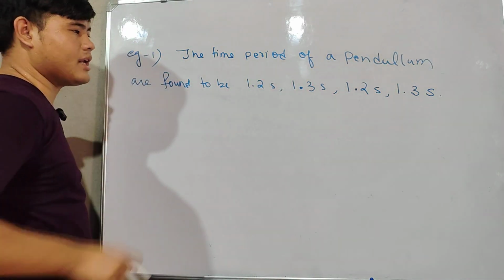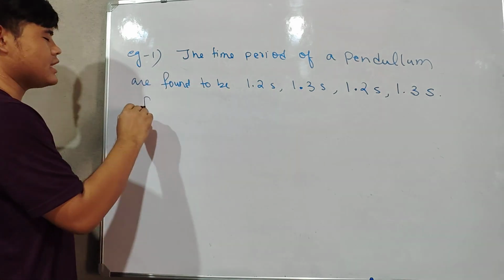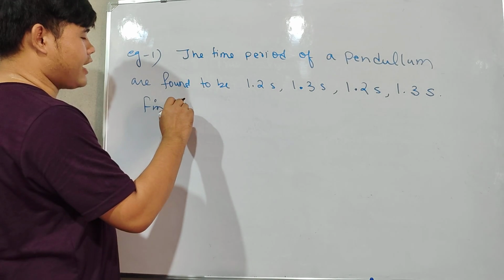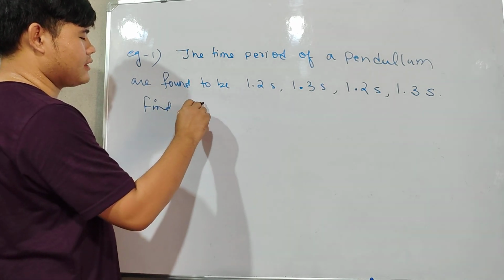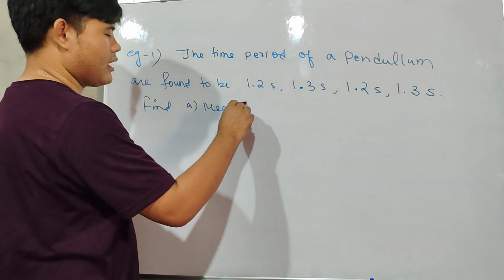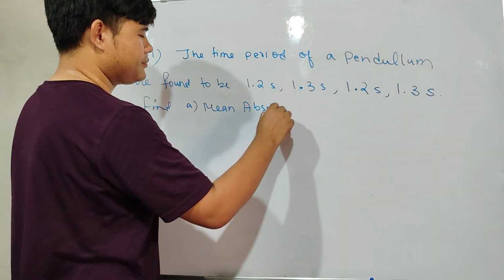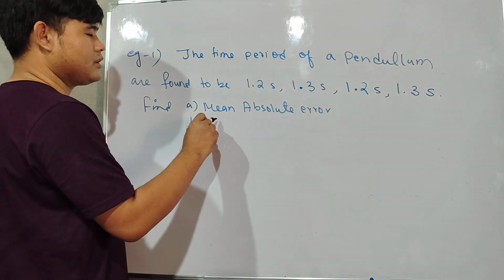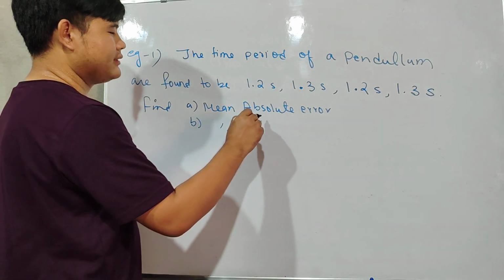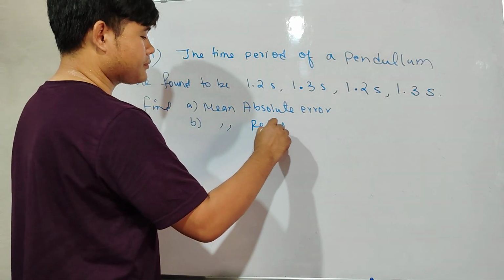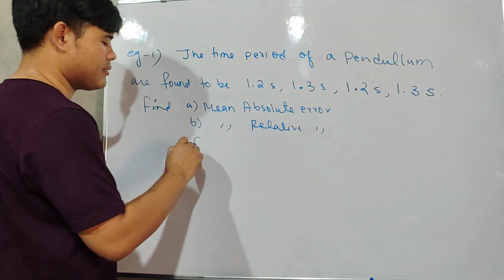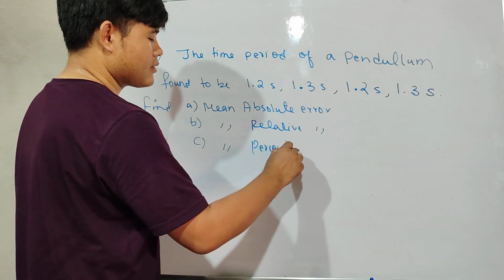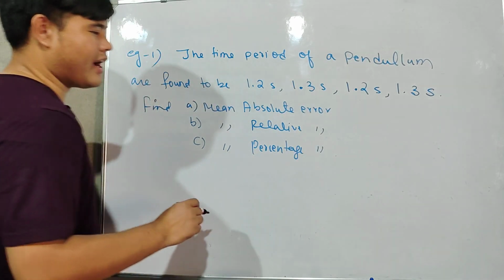So now there are four observations, n equals 4. The question tells us to find: A, mean absolute error; B, mean relative error; and C, mean percentage error.